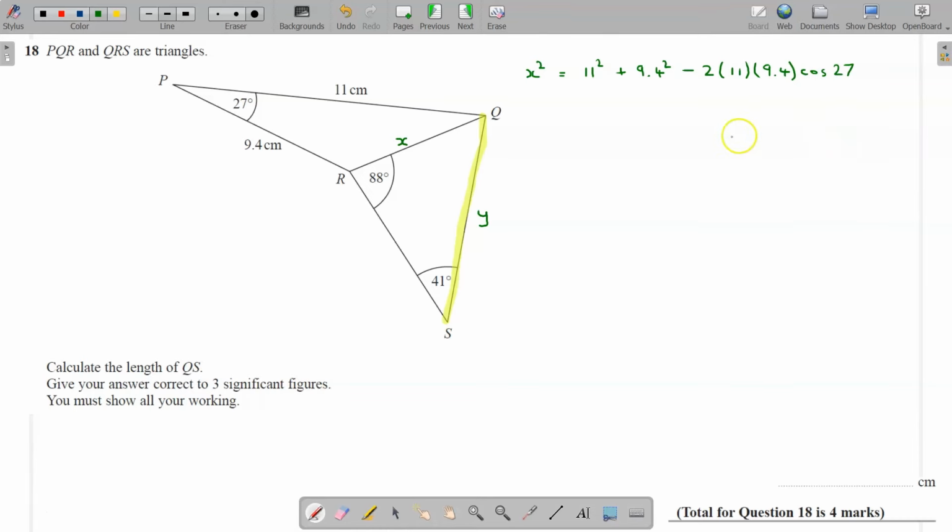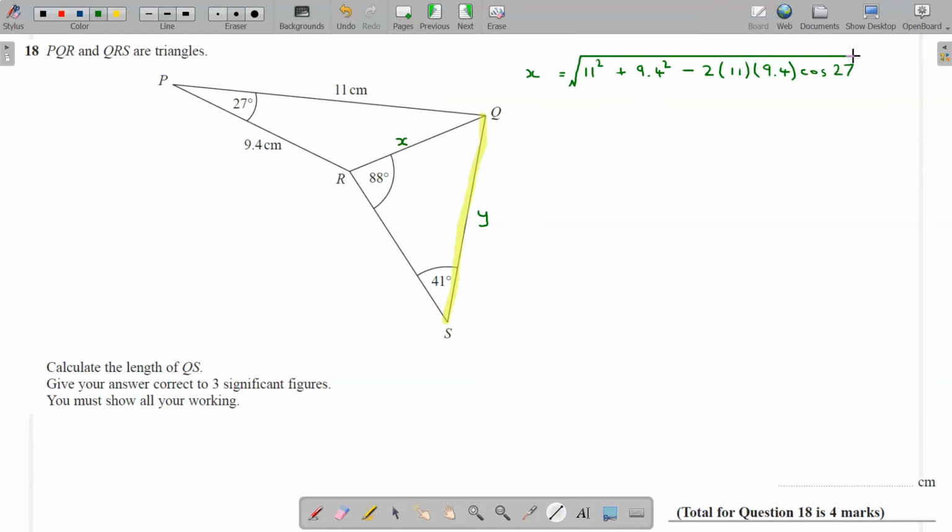And then we could immediately conclude that x itself would be the square root of that. So we just take off the squared from there and put a square root symbol on the right hand side like this. And we can use that instead of x in our calculation.